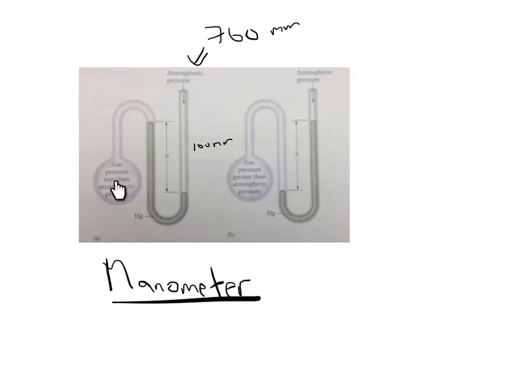Then we can calculate this pressure to be 660 millimeters of mercury. And this is how gas pressures are calculated.